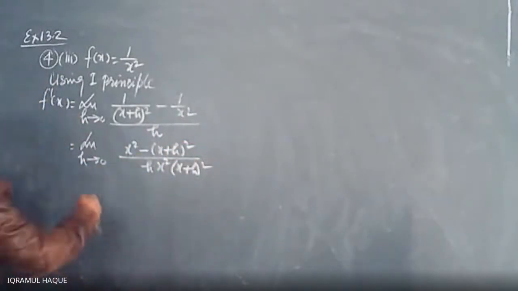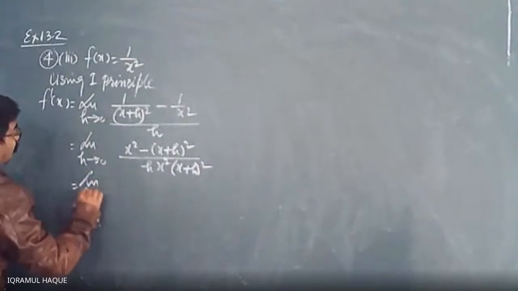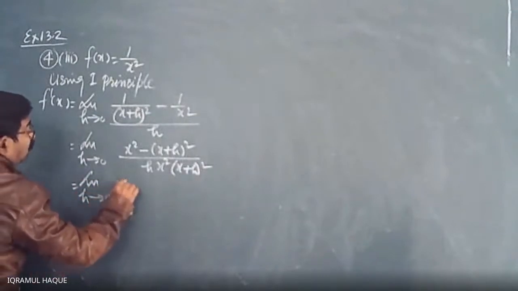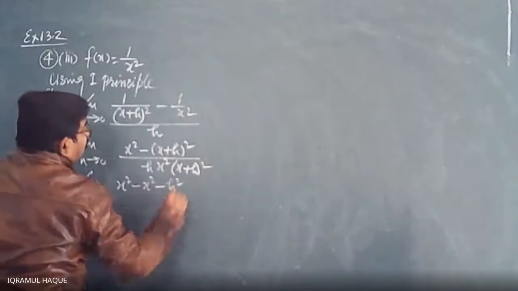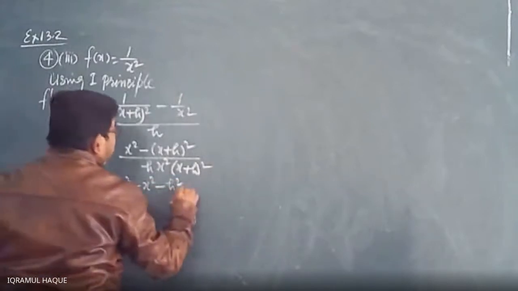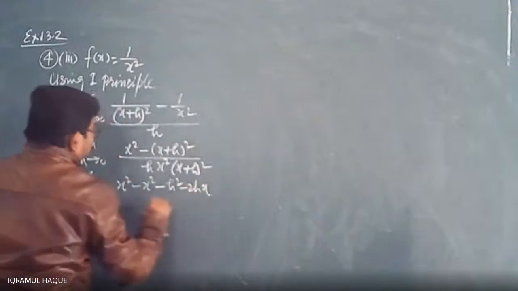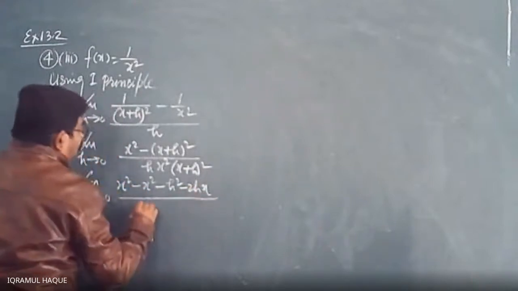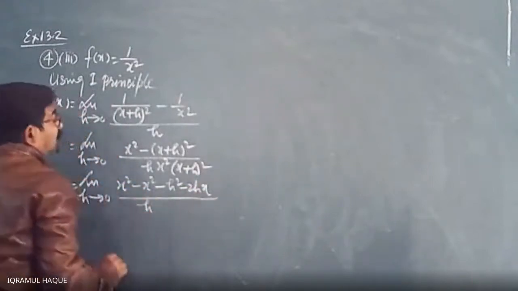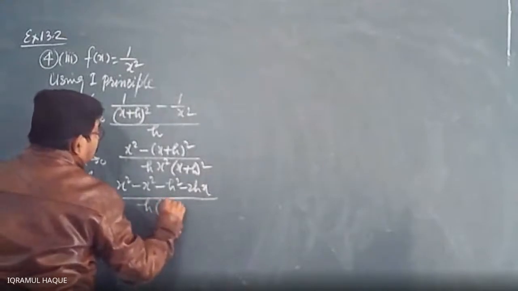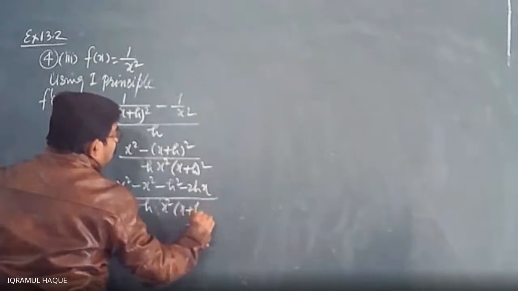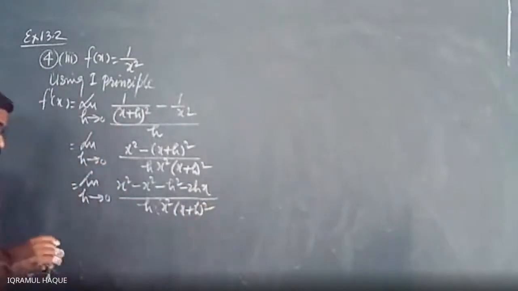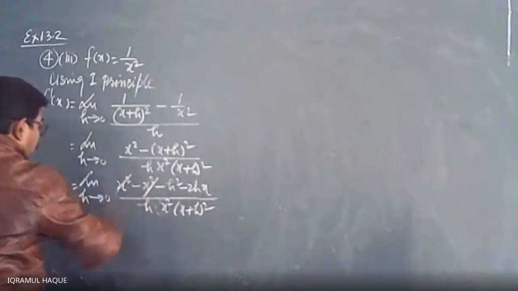Break this whole square. Limit h tends to 0, x square minus x square minus h square minus 2hx upon h into x square (x plus h) whole square. See, this x square and x square will go.